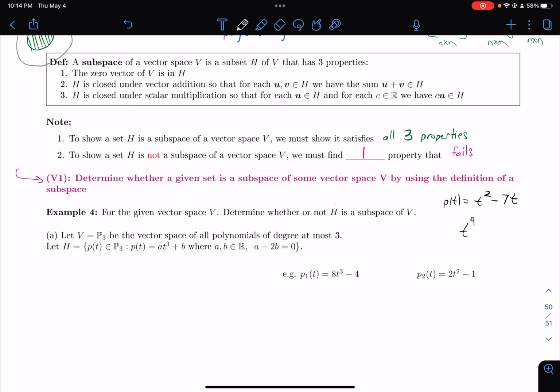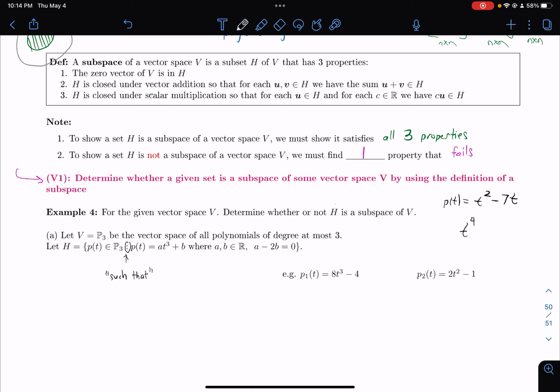H is a set, and the things that are in H are p of t. So p of t is in P3. So that means we're talking about polynomials in P3, polynomials that have degree at most 3. Remember this colon means such that. So now we're about to describe some properties of these polynomials.